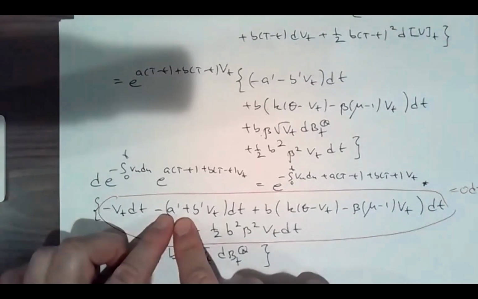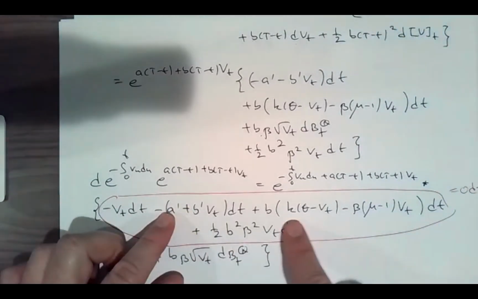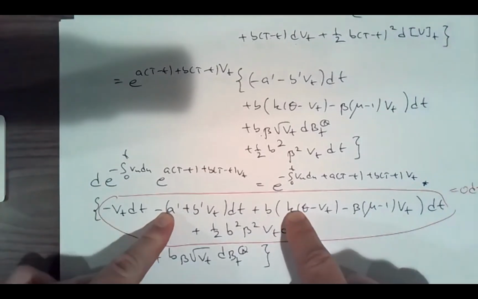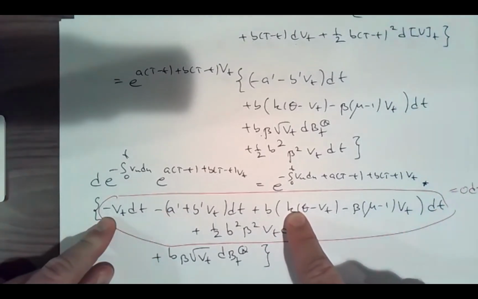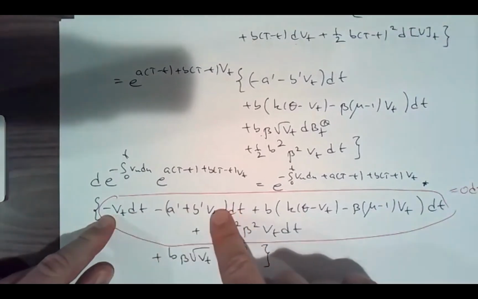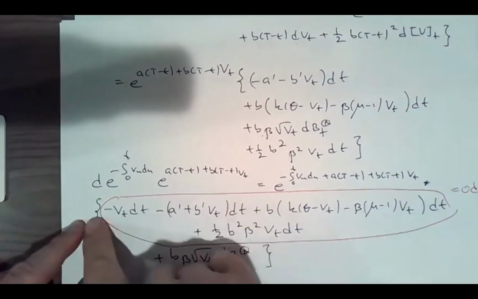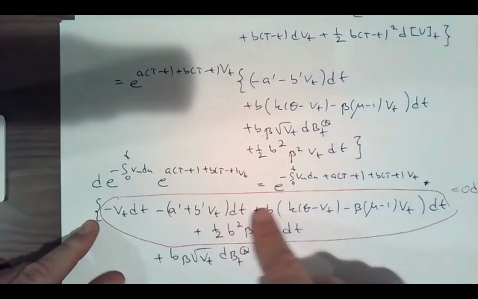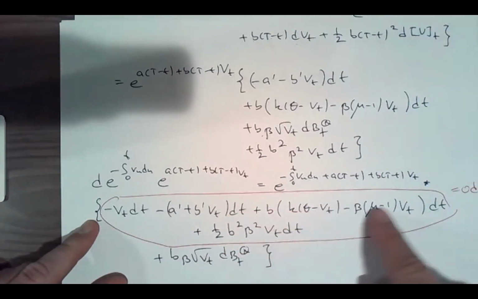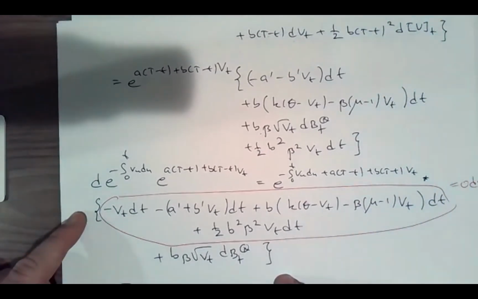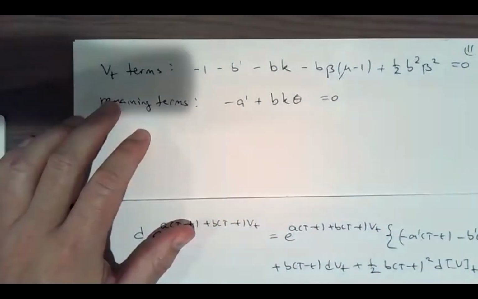I take all the constant coefficients, so that'll be the one with a prime here and the one with b kappa theta, and they will have to add up to zero. And all the other remaining terms that have v there will have to add up. So here there's a minus 1, here there's a b prime, and here there'll be minus b kappa, and so on. That splitting up of the constant term and the slope gives you the ODEs.